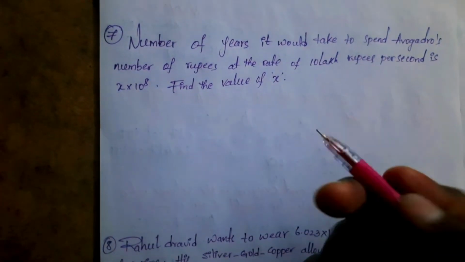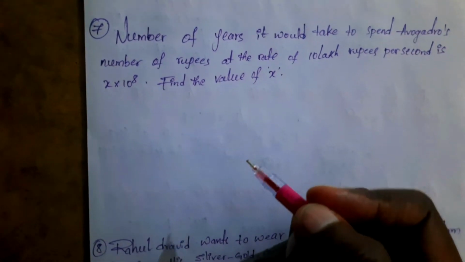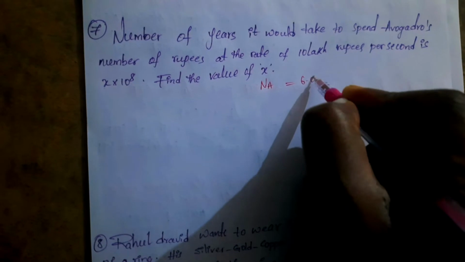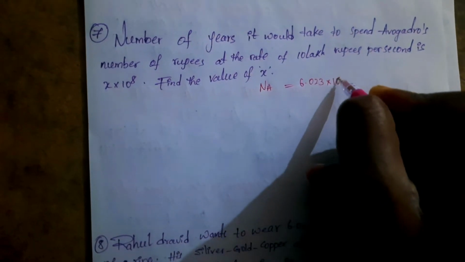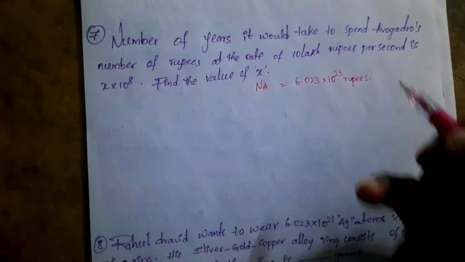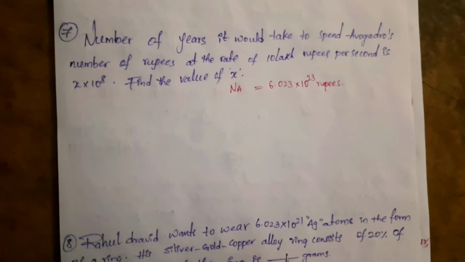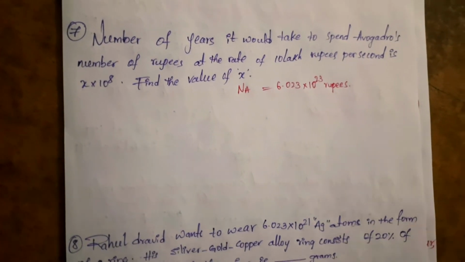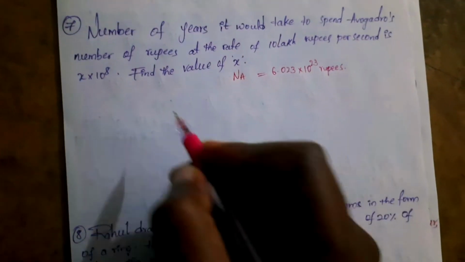It is very lucky for those who have that Avogadro number of rupees. That is Na, 6.023 into 10 power 23 rupees. How many years will it take to spend that Avogadro number of rupees at the rate of 10 lakh rupees per second?